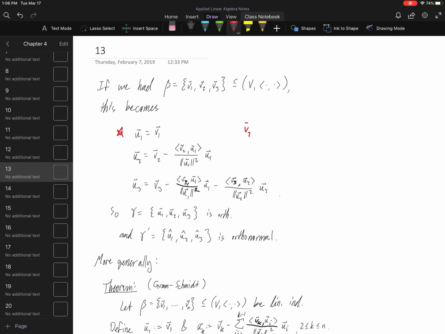And we're going to use our orthogonal coordinates theorem to say that V2 is going to be some amount of U1 plus some amount of U2, right? And we know that these weights, the theorem says, are V2 against U1 divided by the length of U1 squared times U1, plus V2 with U2 over the length of U2 squared times U2, okay?